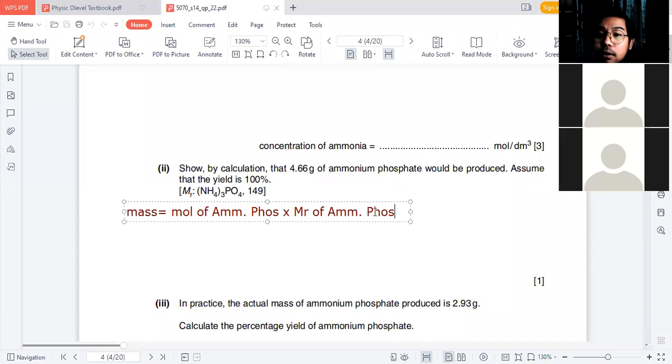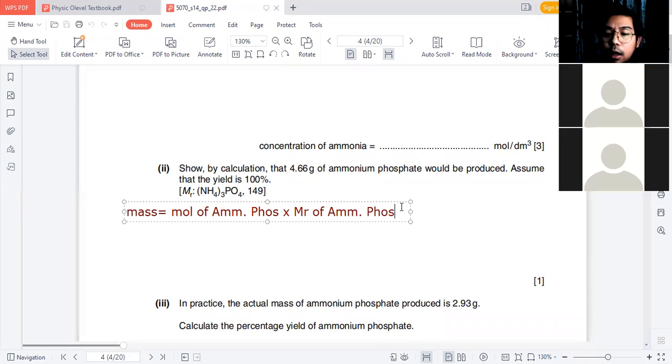In this case, the mole of phosphoric acid that was given to you is 0.03125. So the mole of ammonium phosphate should be equal, because your mole ratio is 1:1. So I can use it straight away.